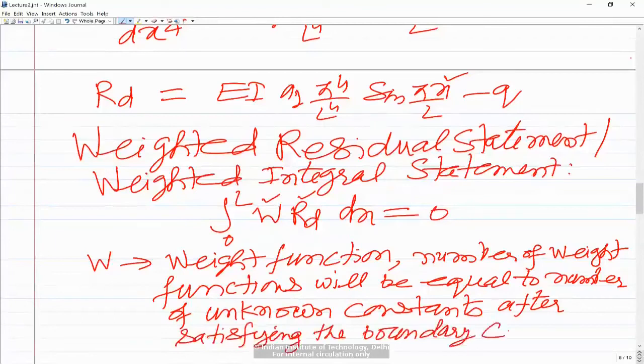So this is a very important statement: the integral from 0 to L of W RD dx equal to 0.